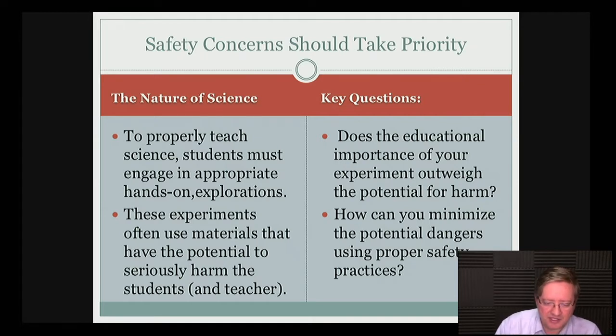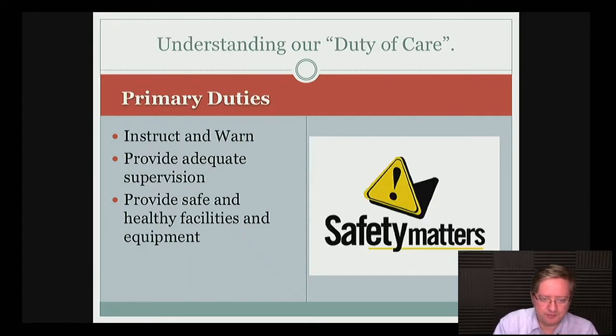As an instructor, one thing you need to know is that you need to instruct and be that model supervisor in the classroom. So you can't say, oh, I don't like wearing goggles, I'm not going to do it. No, you need to put the goggles on if you're dealing with these things.